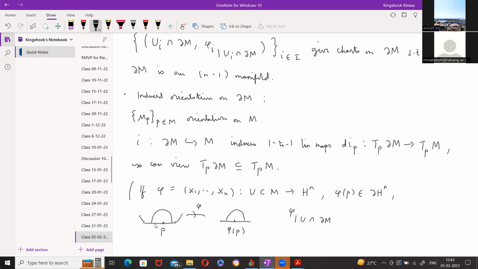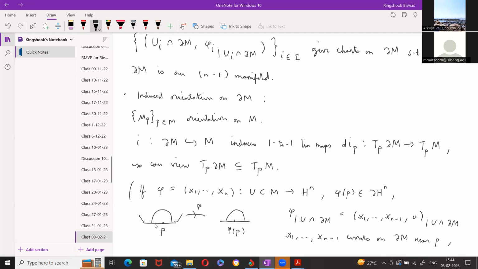That means the nth coordinate xn is 0. So this is equal to x1 to x(n-1), comma 0, restricted to U intersect boundary M. So x1 to x(n-1) are coordinates on boundary M near p.